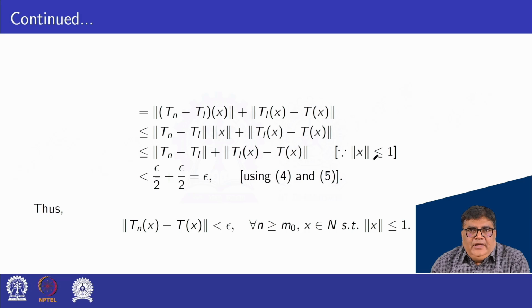So ‖x‖ ≤ 1, and from equation 4, ‖Tn − TL‖ < epsilon/2, and from equation 5, ‖TLx − Tx‖ < epsilon/2, that is epsilon/2 plus epsilon/2 equals epsilon.